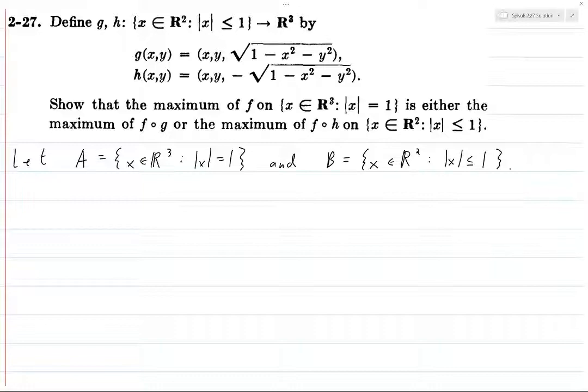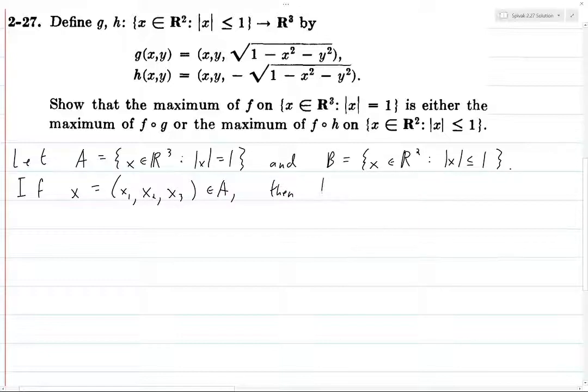Alright, so we want to prove that A is g of B union h of B. To prove equality of these two sets, we're going to do it by inclusion. So if x, we'll call this x1, x2, x3, is in A, then if we take the norm of x1 comma x2, this is the square root of x1 squared plus x2 squared.